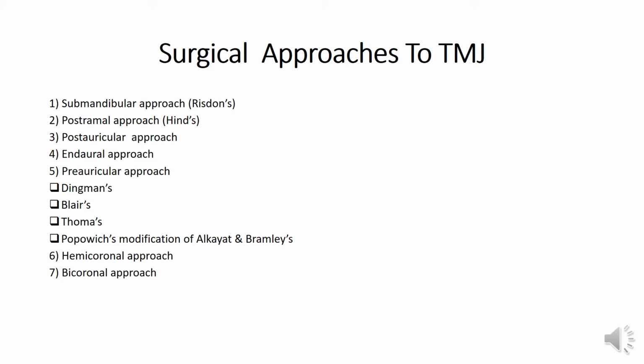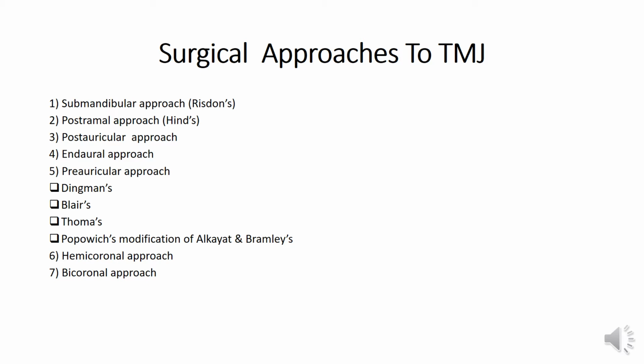So coming to the surgical approaches of the temporomandibular joint, there are various approaches: submandibular, post-ramal, post-auricular, endoral, preauricular, Al-Kayat and Bramley, Blair, Thoma, Popowich modification of Alcott-Bramley, hemicoronal approach, bicoronal approach.